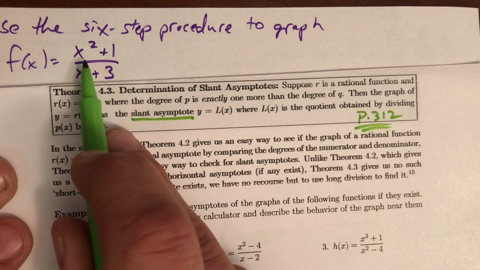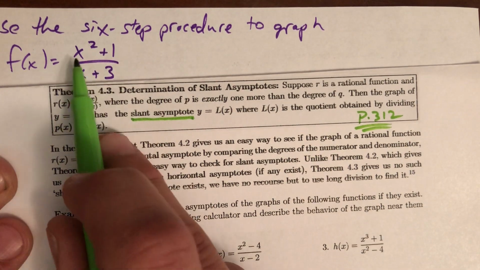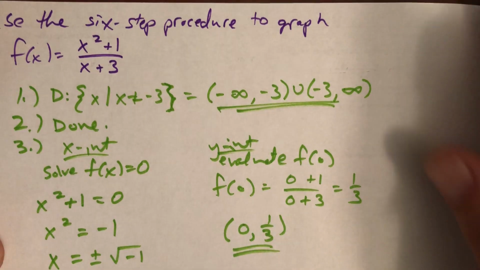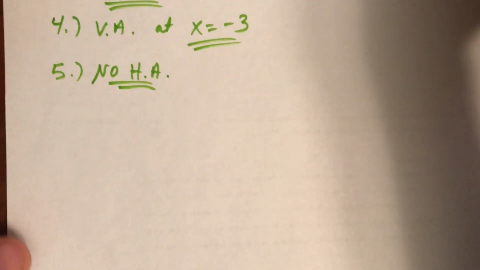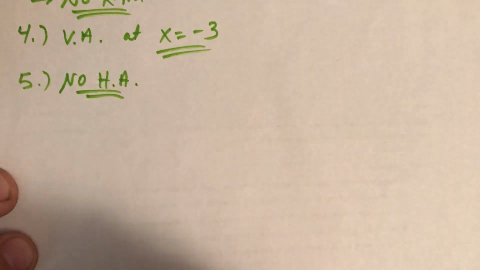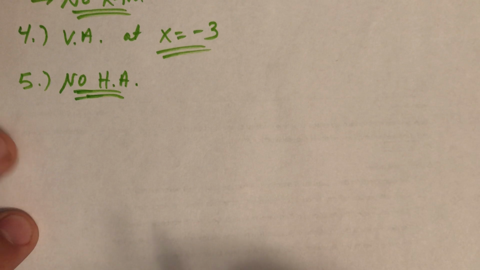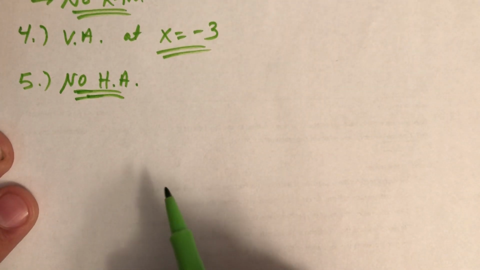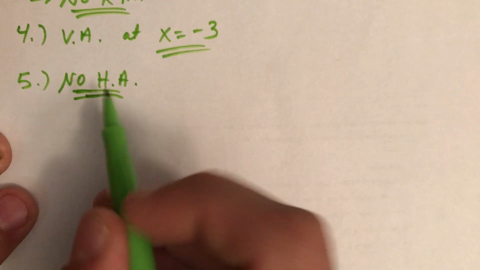So we're going to do long division, where we're going to divide x squared plus 1 by x plus 3. Depending on our comfort level here, we can either use long division or synthetic division. I'll probably just use long division here, just to spare any confusion. Anyway, no horizontal asymptote.